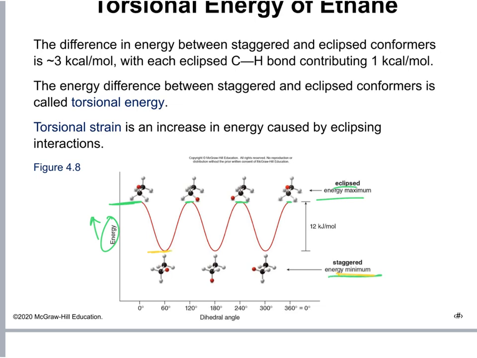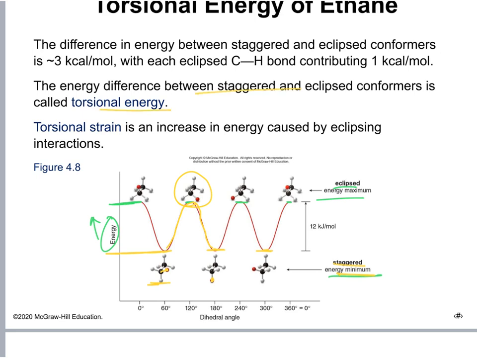And these are lower energy, these valleys here are the staggered conformations. And it goes from this staggered, where the red oxygen would be here, to here. It has to go through this eclipsed, and that's not a big deal because they're hydrogens.